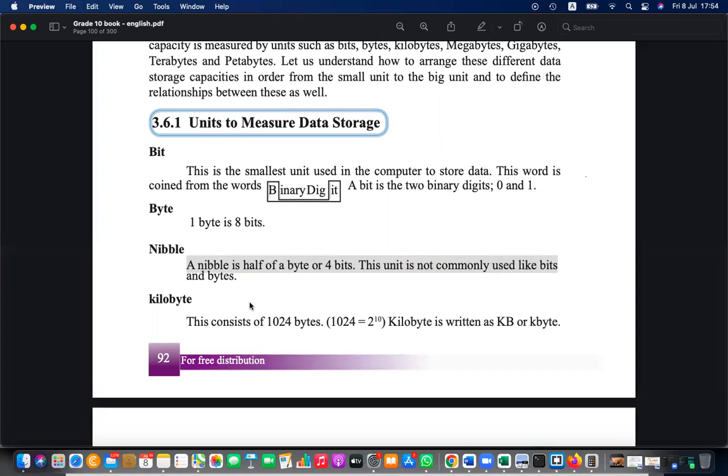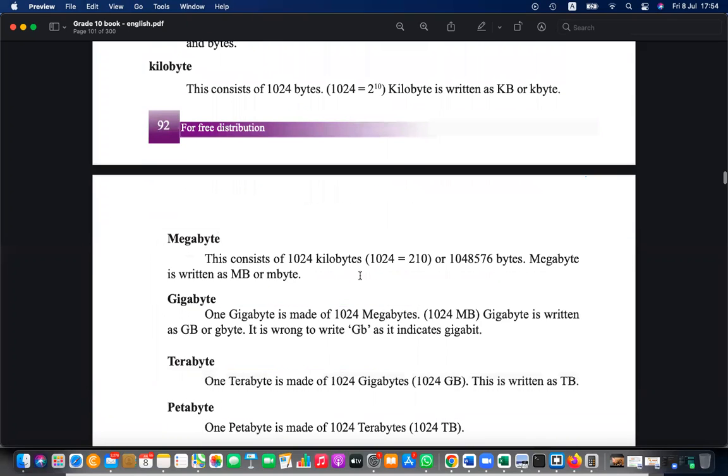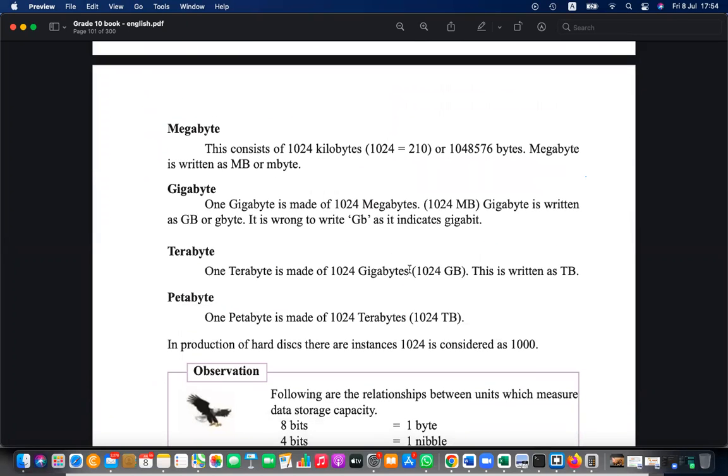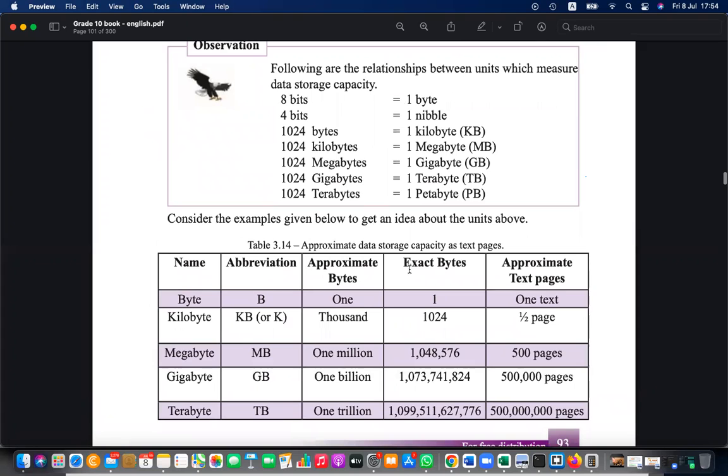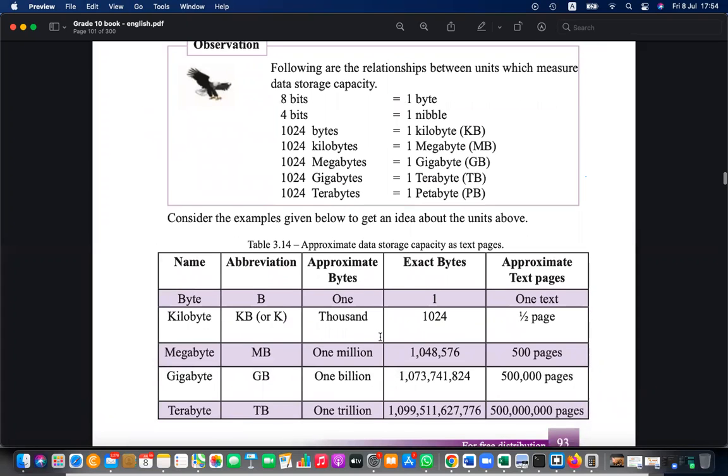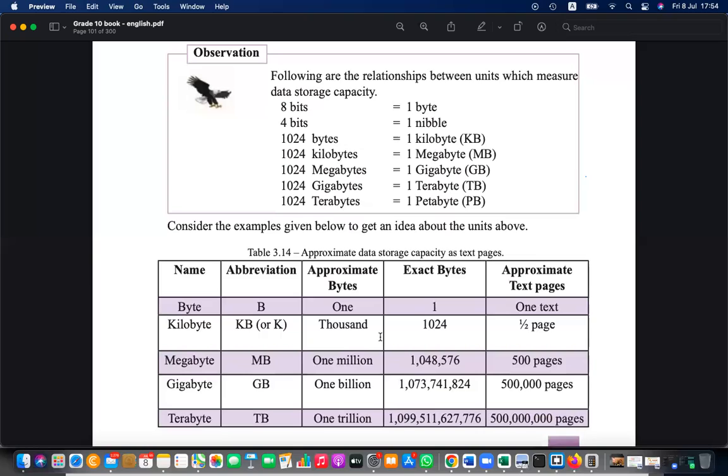Bit, 8 bits a byte, 4 bits a nibble, kilobyte 2 to the power 10 bytes. Then 2 to the power 10 kilobytes, megabyte. 2 to the power 10 megabytes, gigabyte. 2 to the power 10 gigabytes, terabyte, then petabyte. So just remember this table. Starting from bit, byte, kilobyte, megabyte, gigabyte, terabyte, petabyte.